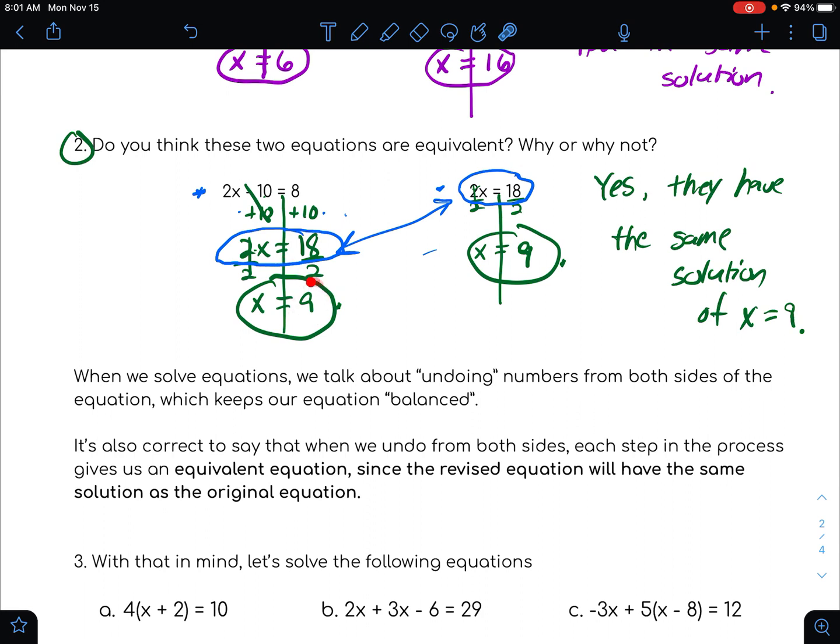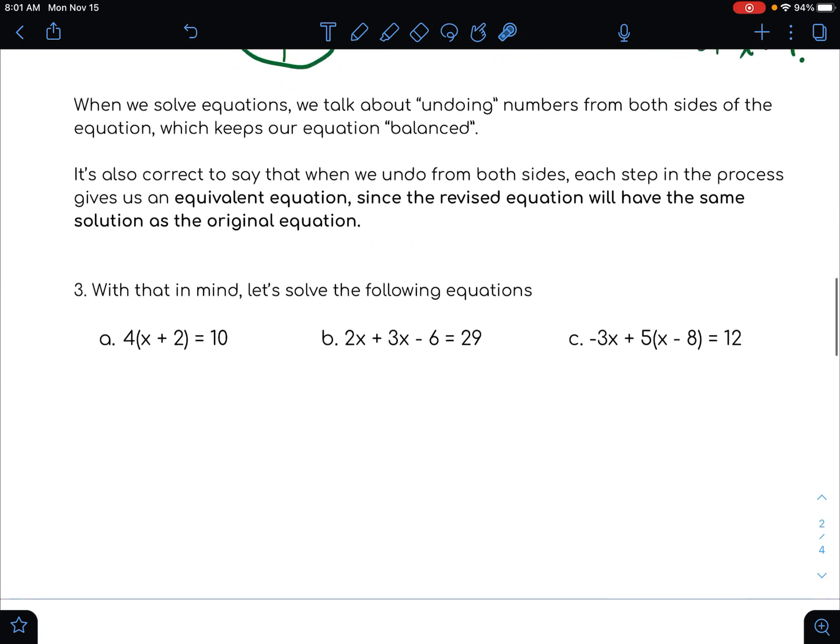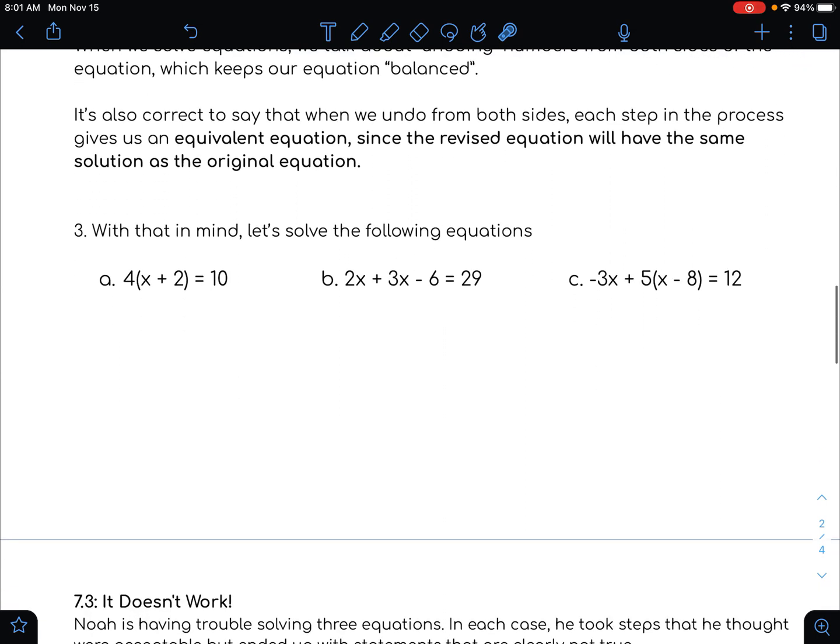But it's an equivalent equation because it has the same solution as the original equation. You can see that we ended up with the same solution over here because we have an equivalent equation over here. All right, so when we solve equations, what we're really doing is throughout the whole process creating a bunch of equivalent equations that look different but will have the same solution.